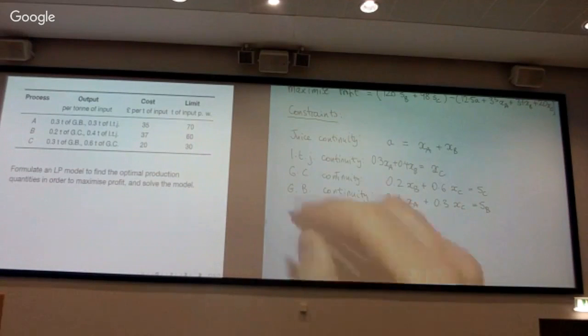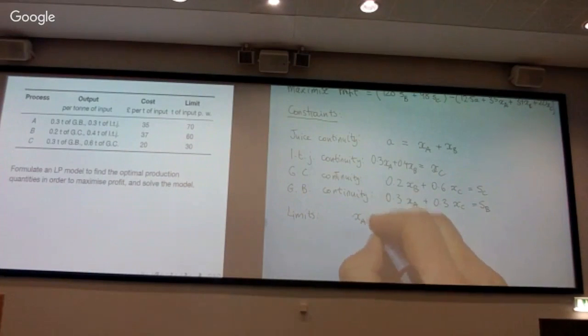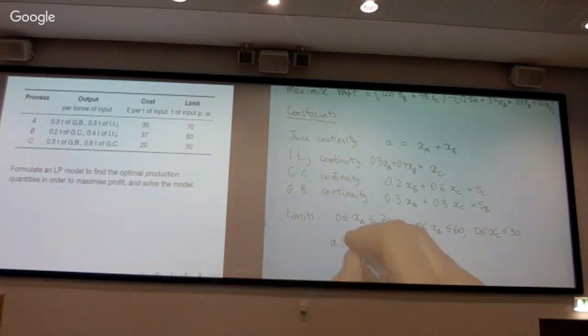There are the limits on XA, XB, and XC. XA can't be more than 70, XB can't be more than 60, and XC can't be more than 30. But of course, they can't be less than 0. And also, all the remaining variables can't be less than 0.